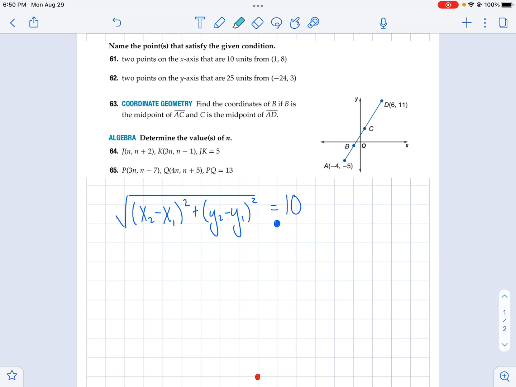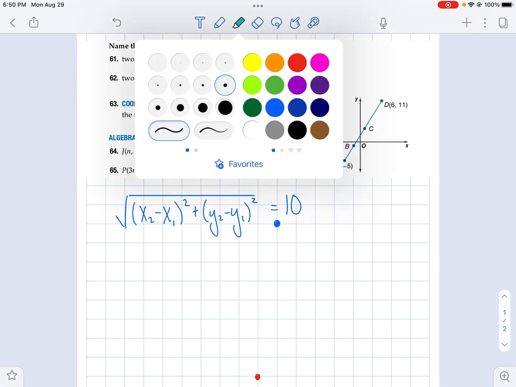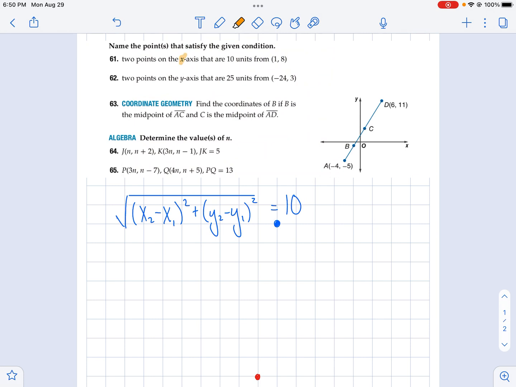But there's a constraint here that I need to be careful about. I want it on the x-axis. Well, if it's on the x-axis, what do I know about all of the coordinates here? What doesn't change on the x-axis?